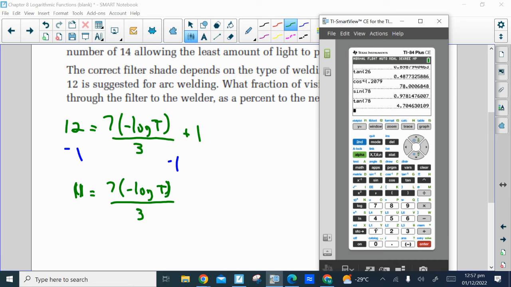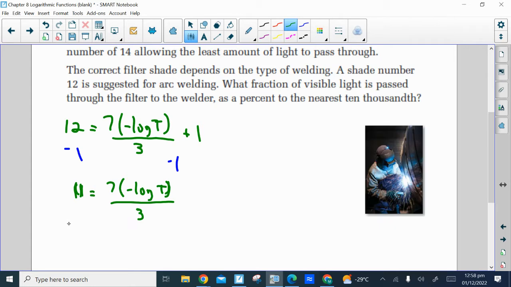I'll multiply it by 3 and divide by 7. So that gives us this decimal, 4.71, which I'm going to write down rounded, but I'm keeping it in my calculator. So 4.71 equals negative log T.